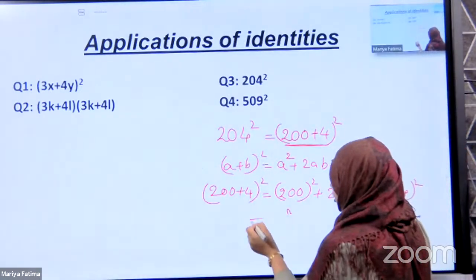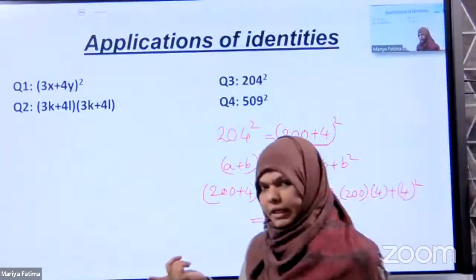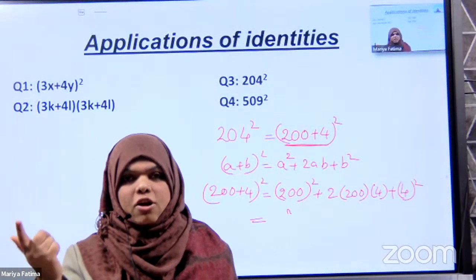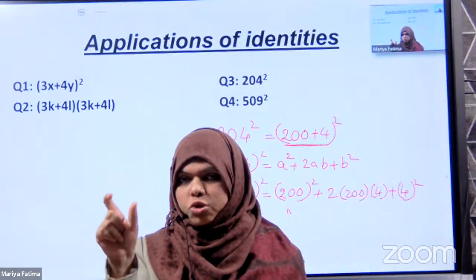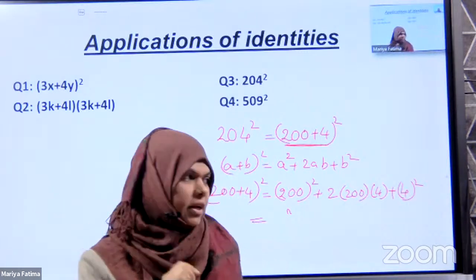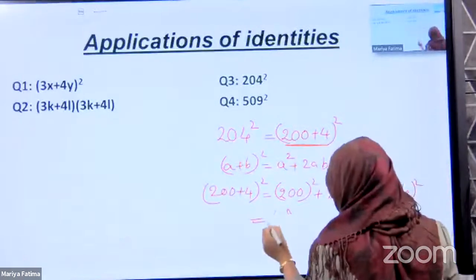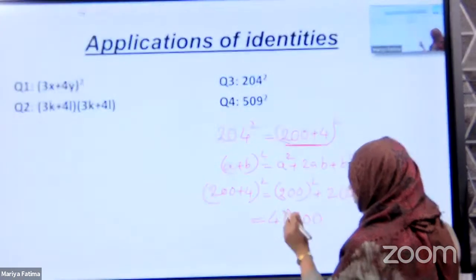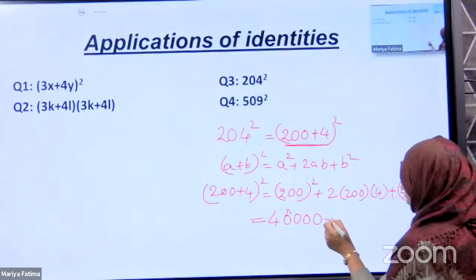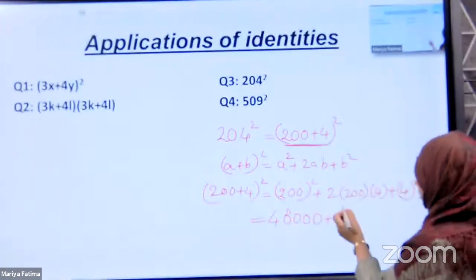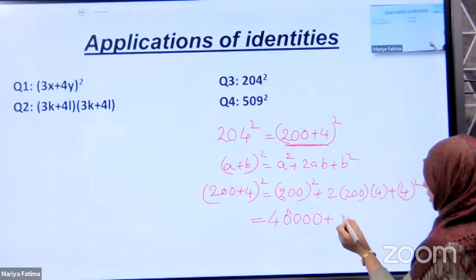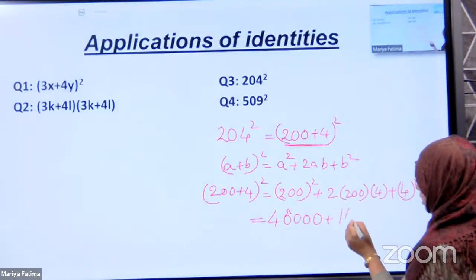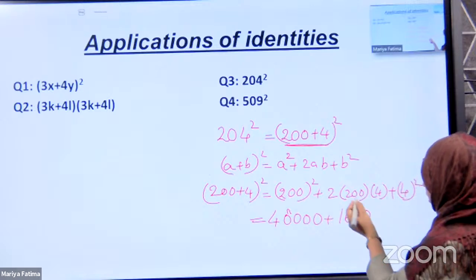200 square you can get the answer directly. 2 2s are 4, so 2 zeros and 2 zeros, 4 zeros will come. So it will become 40,000. Then how to multiply these numbers? 2 2s are 4, 4 4s are 16, so 1600.